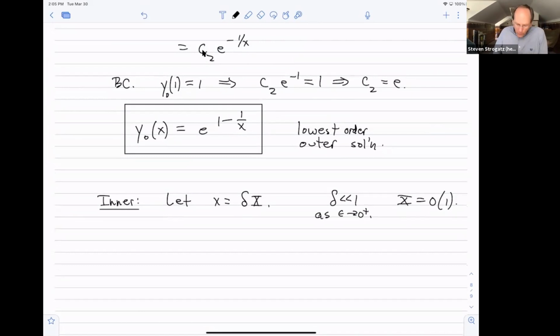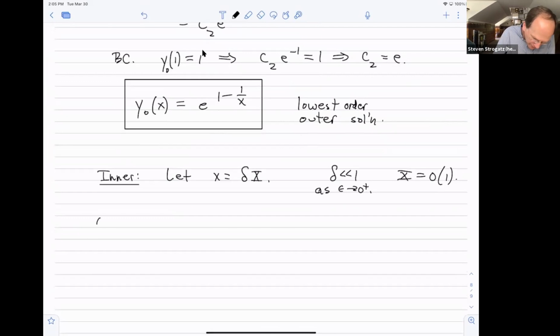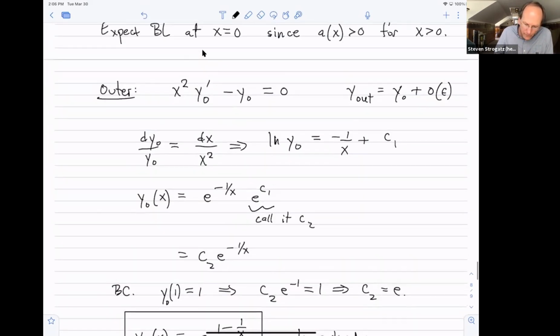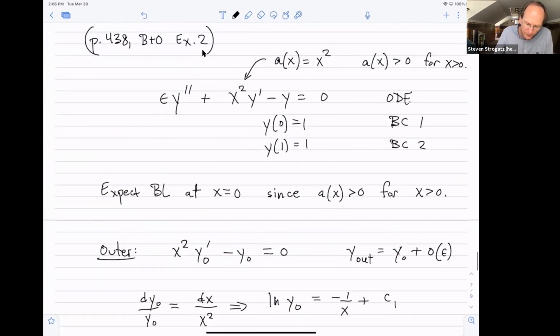Okay, so what's our equation? Doing the kind of games we did earlier, the ODE will become, let's look at it again. Here it is up here. This is our problem.